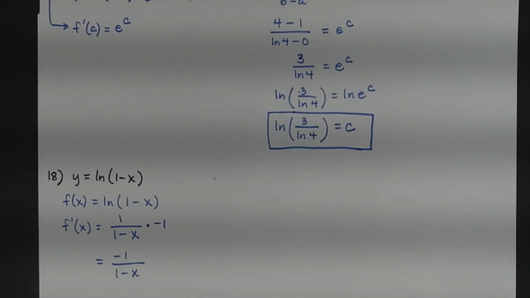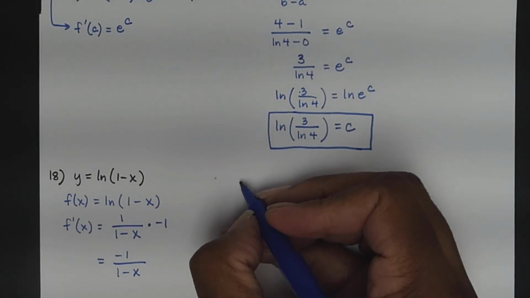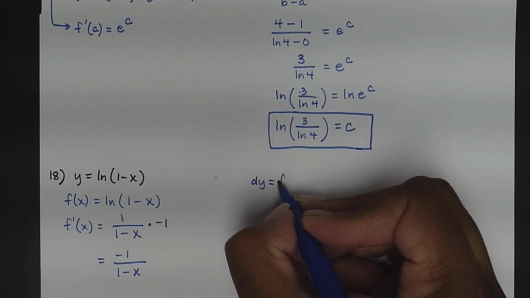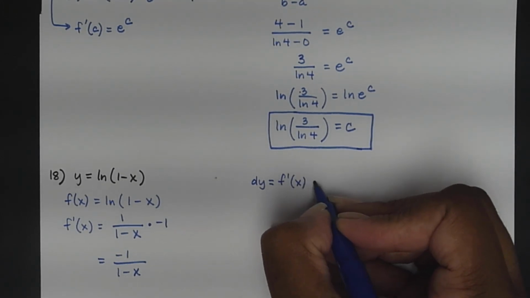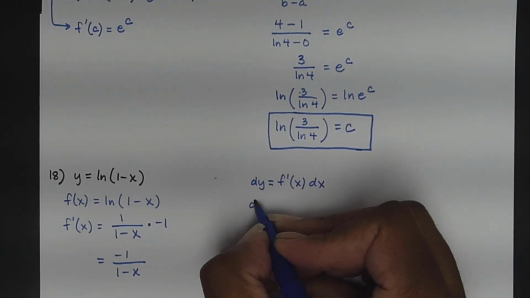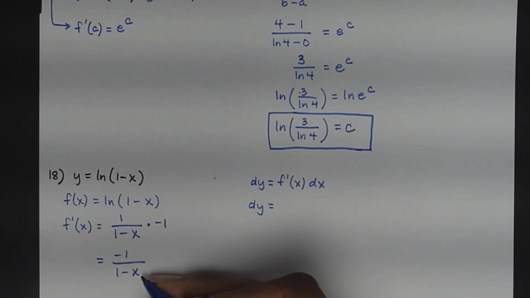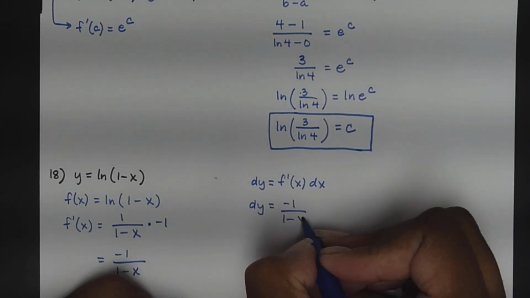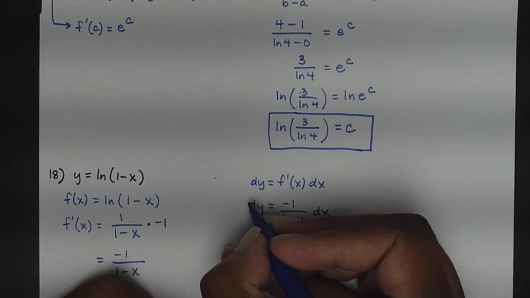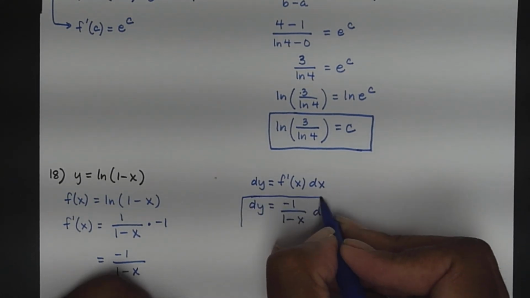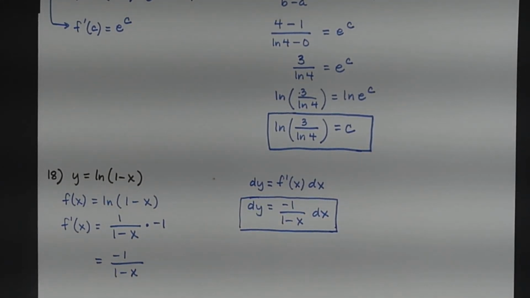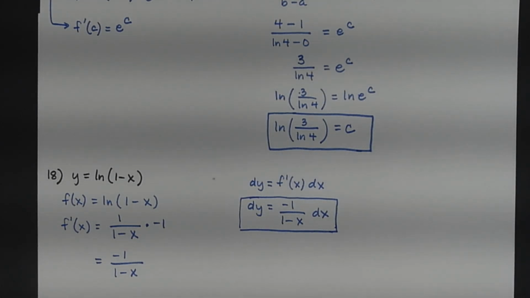And then we're going to express this in the form of dy equaling to f prime of x dx. So we bring down the dy, but f prime of x is negative 1 over 1 minus x dx. And that is all that they're looking for in that problem. Okay, so that's problem number 18.